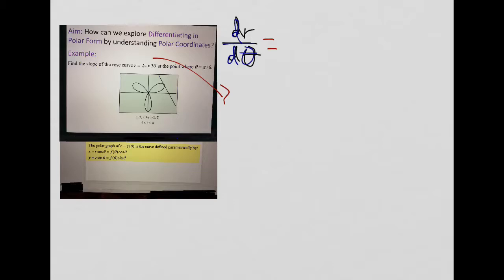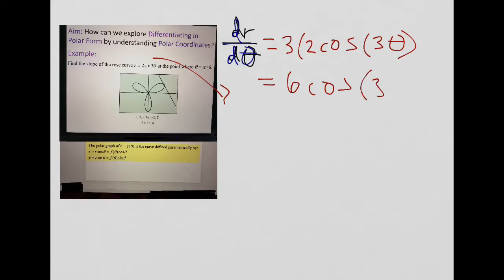This is going to be chain rule: outside times the derivative of the inside, and the derivative of the inside is going to be 3. So 3 times 2, and it's going to be cosine of the angle 3 theta. That comes out to be 6 cosine of 3 theta.